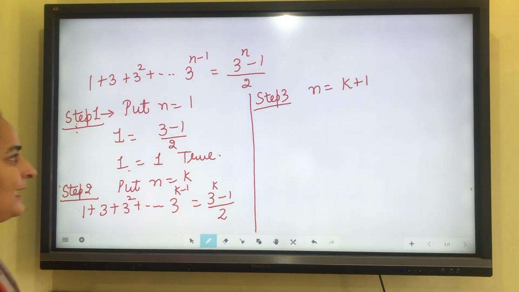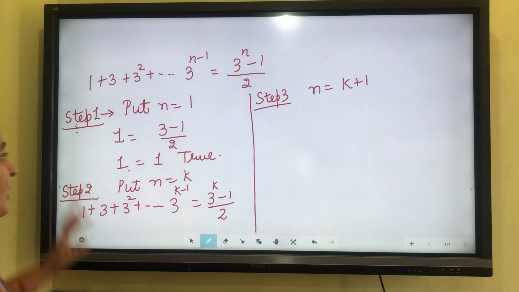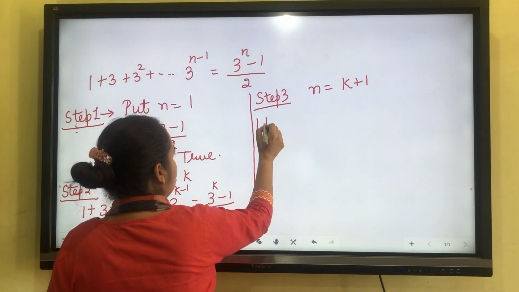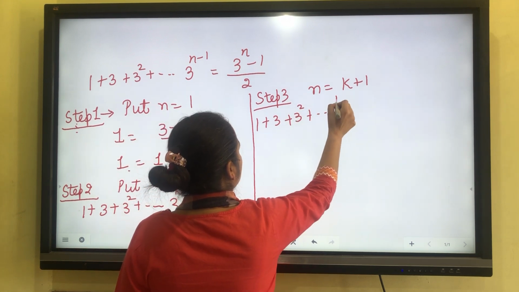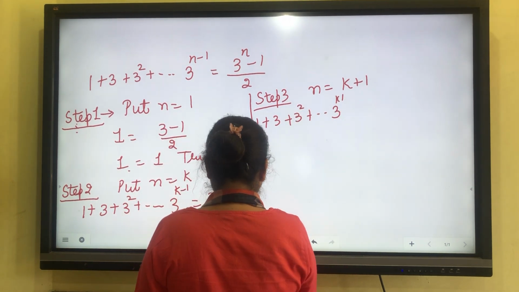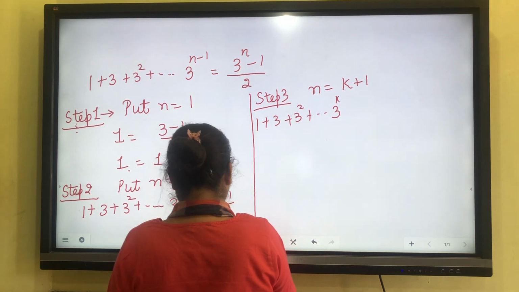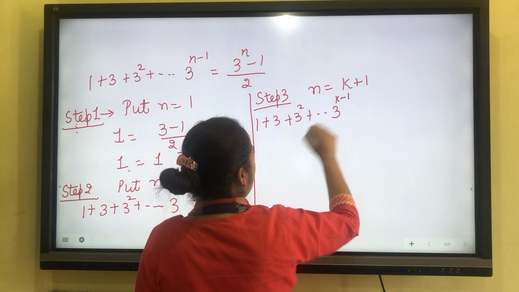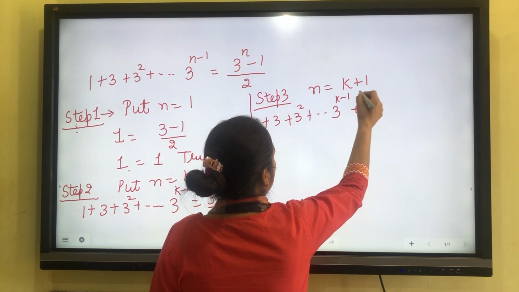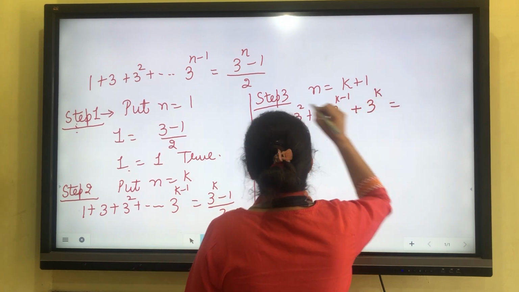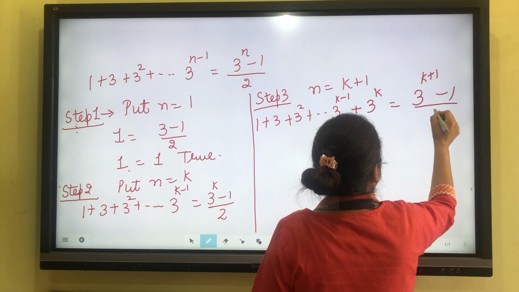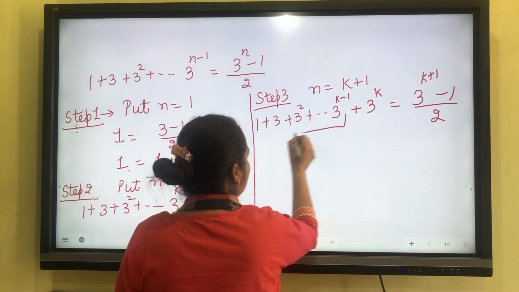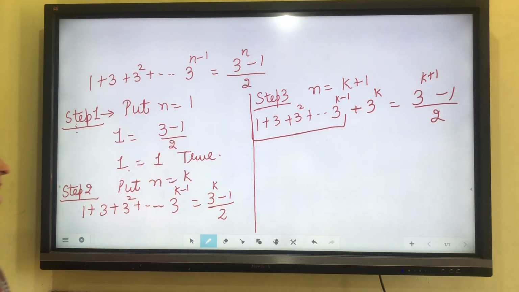Means, I am writing here up to k number of terms. The first term is 1, 3, 3 square, up to 3 power k minus 1, plus 3 power only k, which is equal to 3 power k plus 1 minus 1 whole divided by 2. Up to this step, the second step we repeated here.